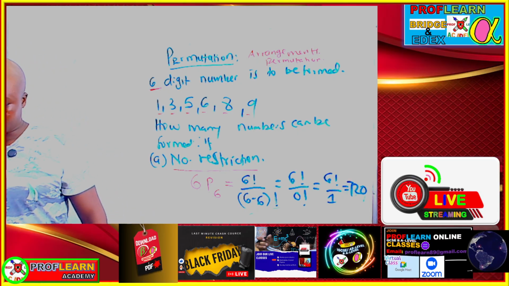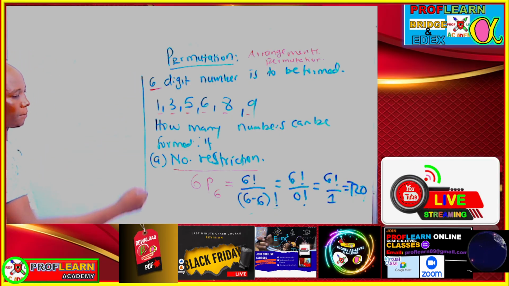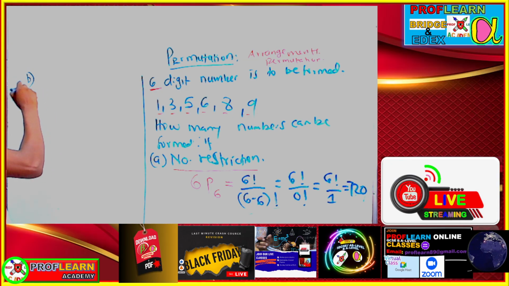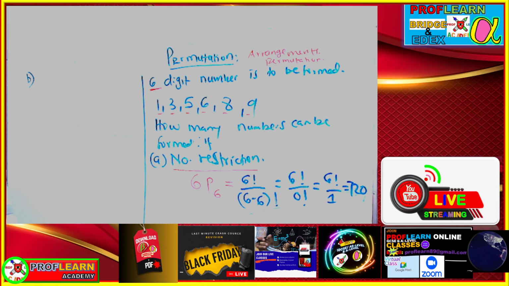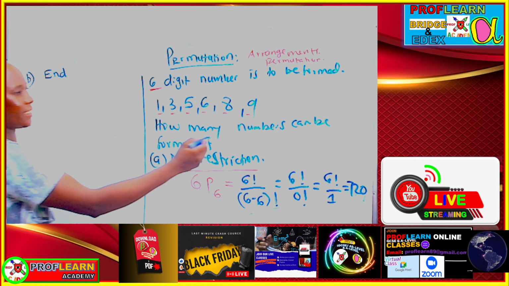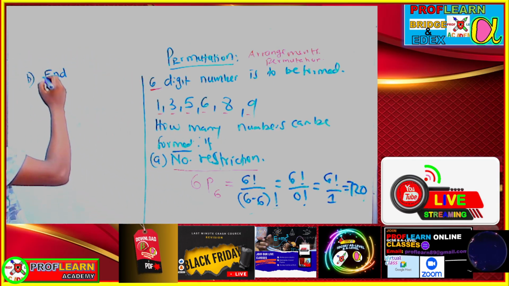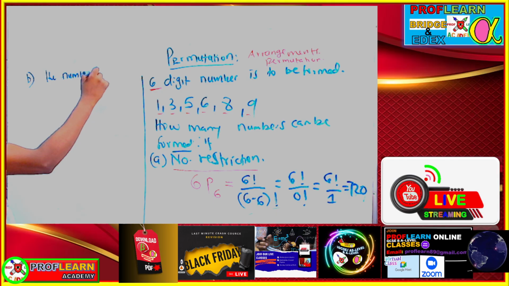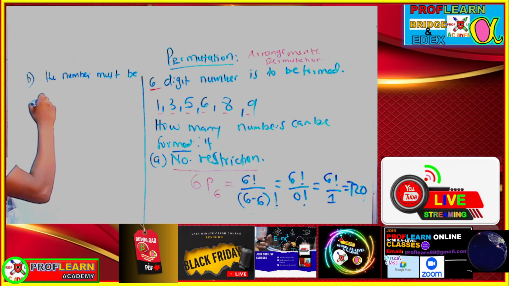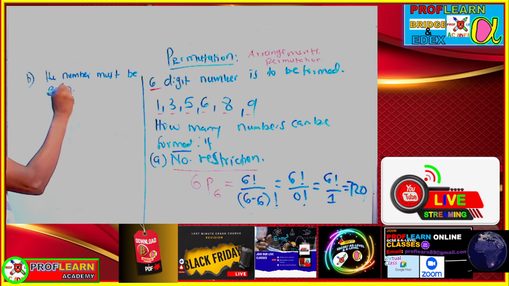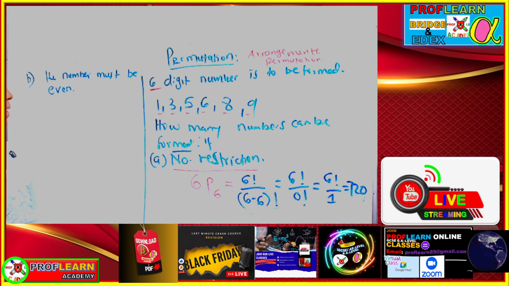Part B: how many numbers can be formed if the number must be even?